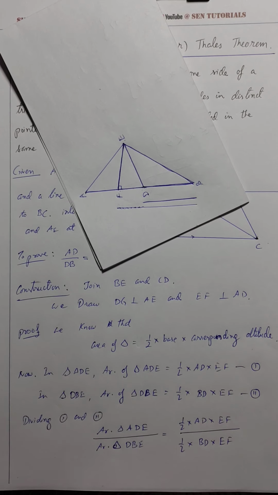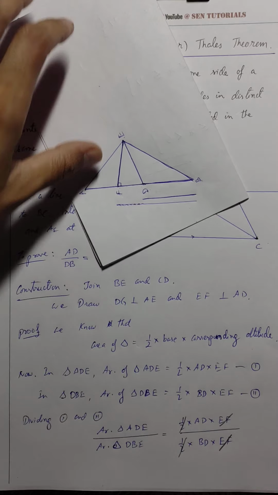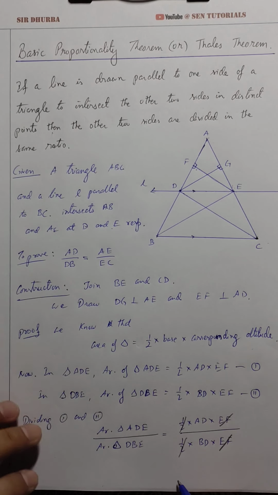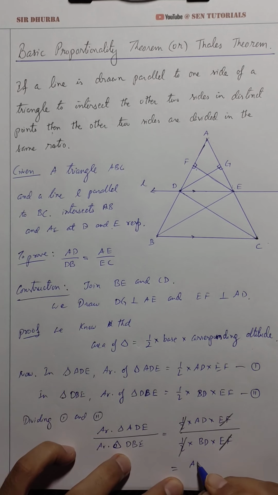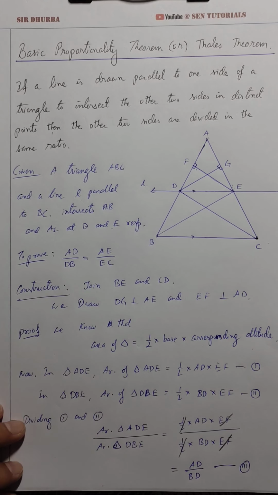So with that the half cancels, EF we can cancel, and we will be left with AD by BD. We can mark this as equation number 3.